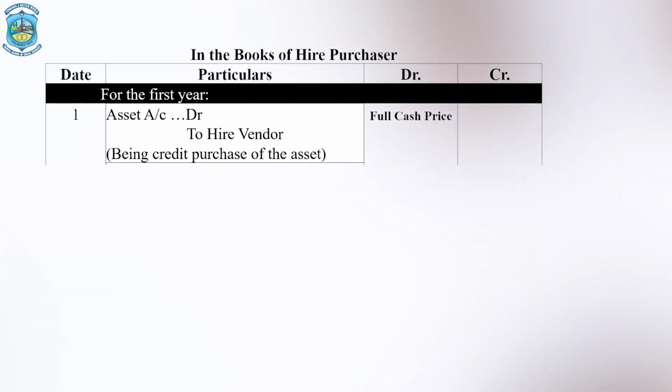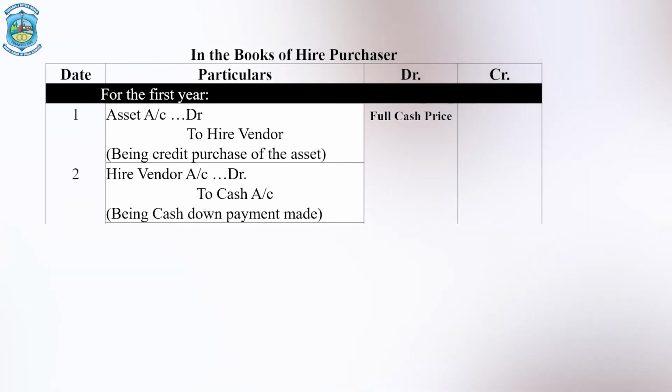Alright, and as and when the installment becomes due, we will charge interest, or we can say we will make the interest due. So therefore, the first entry is asset account debited to hire vendor, and if the down payment is made, as in the example which I gave, we are making the down payment of 2,50,000. So for making the down payment, now the entry would be hire vendor account debited to cash.